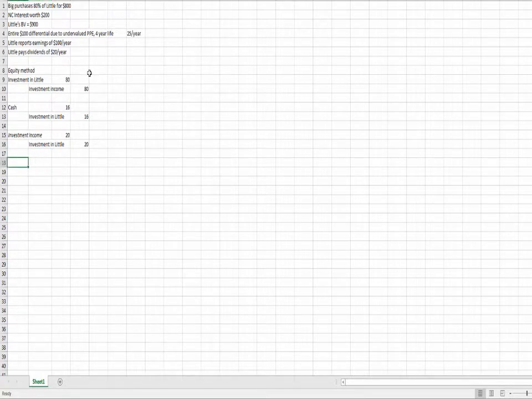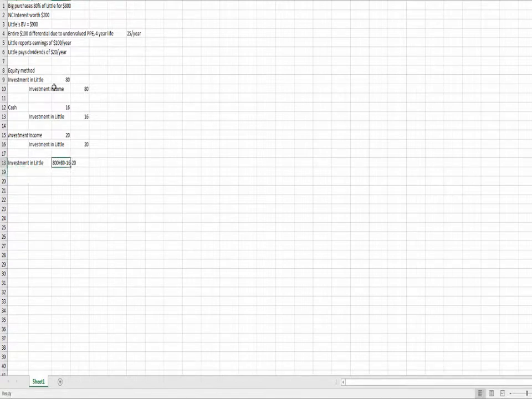Okay, and let's just go ahead and sort of summarize where we are right now. Our investment in Little account had an initial balance of $800. We added the $80 from our investment income. We subtracted the $16 from our receipt of dividends, and we subtracted the $20 from the amortization.